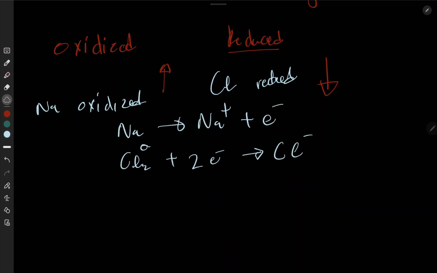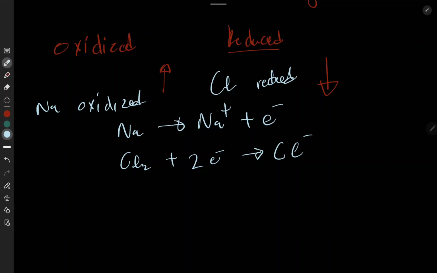I did say that these are two reactions, a reduction and an oxidation, right? So this one, chlorine, I repeat, went from oxidation number 0 and now here it is negative.